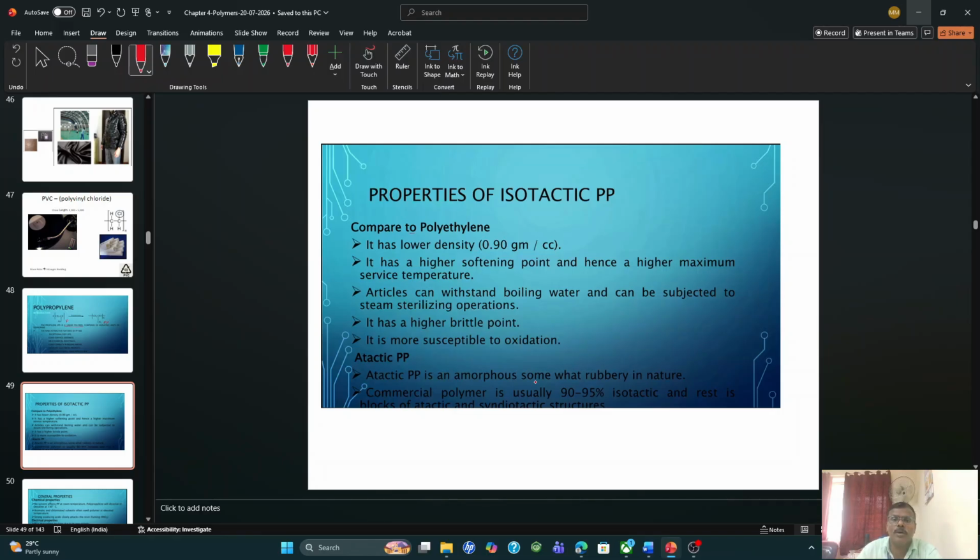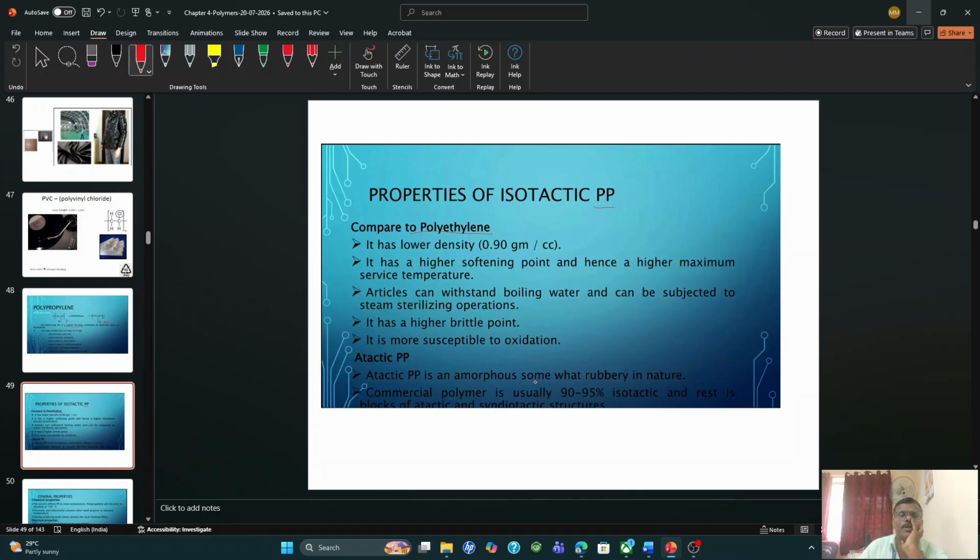So compared to polyethylene, what is the advantage of this material, polypropene? It has a lower density, a higher softening point and hence a higher maximum service temperature. So articles can withstand boiling water and can be subjected to steam sterilizing operations. It has a higher brittle point. It is more susceptible to oxidation.